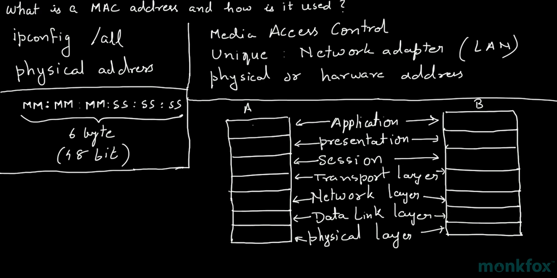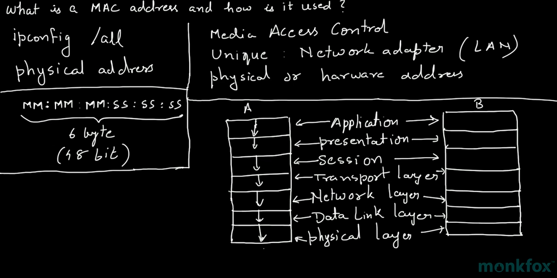Let us say machine A is trying to communicate with machine B. Data flows right from the application layer in machine A through the presentation layer, then the session layer, transport layer, network layer, data link layer, and physical layer.